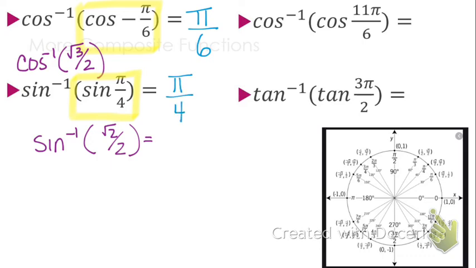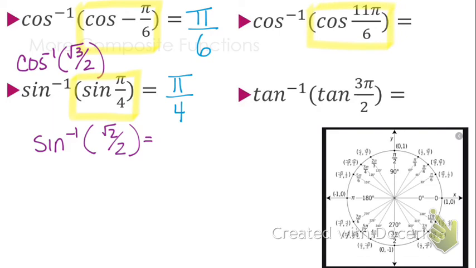So for example, you see how we have the inverse cosine of a cosine. If this angle was in quadrants 1 or 2, because that's where I have to be for inverse cosine, then that would just be my answer. But this is not in quadrants 1 or 2. Okay, so let's go ahead and find the cosine of this angle. So that's our first question.